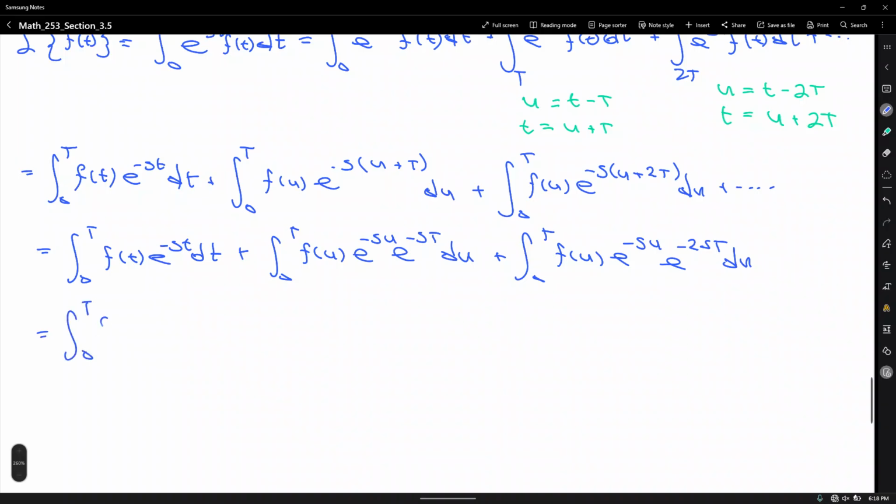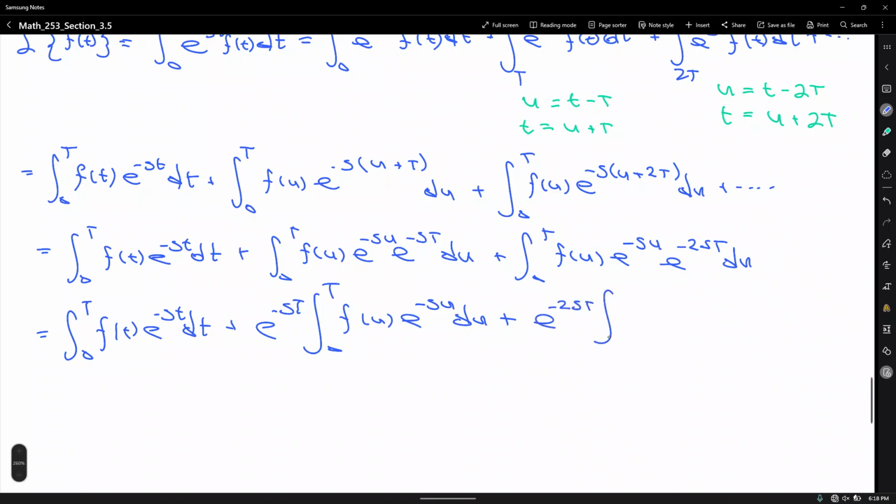The integral from 0 to T, f of t, e to the negative st, dt, plus e to the negative sT, uppercase T by the way, times the integral from 0 to uppercase T of f of u, e to the negative su, du, plus e to the negative 2sT times the integral from 0 to T of f of u e to the negative su du, plus dot dot dot, infinitely many terms.